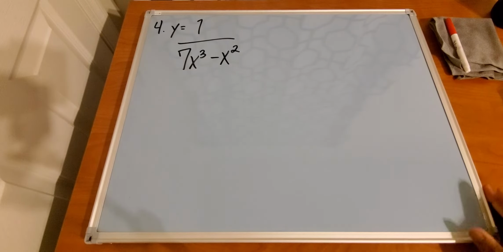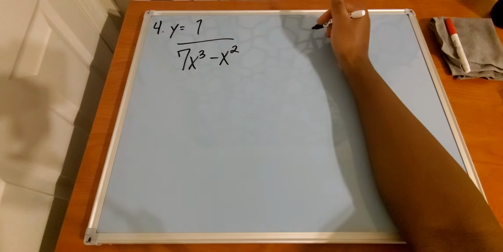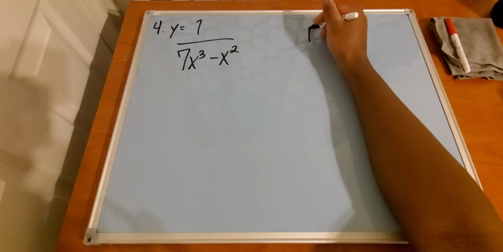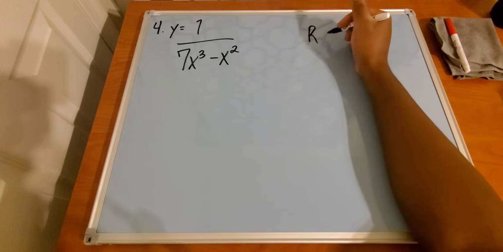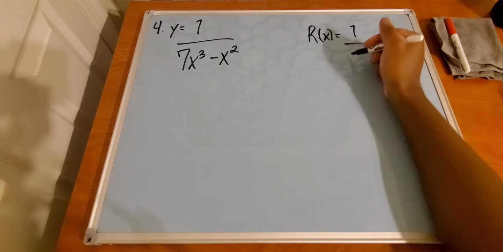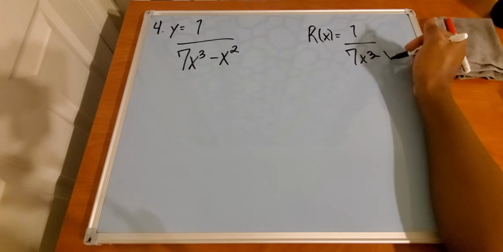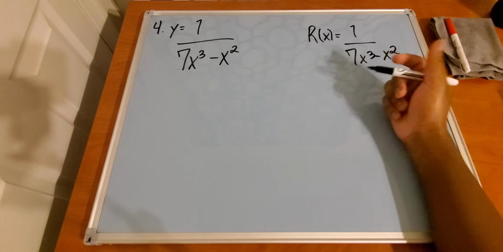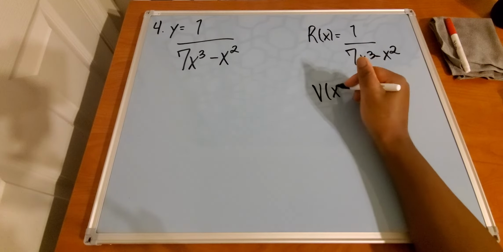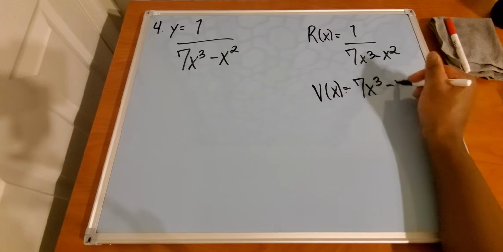Let's go ahead and identify our different components of this function. Just eyeballing this, we know that the function will be using the reciprocal rule on, not quotient rule. The reciprocal rule, or r of x, is the entire function. 1 over 7x to the third minus x squared. And we know that our denominator function, our v of x, is 7x cubed minus x squared.